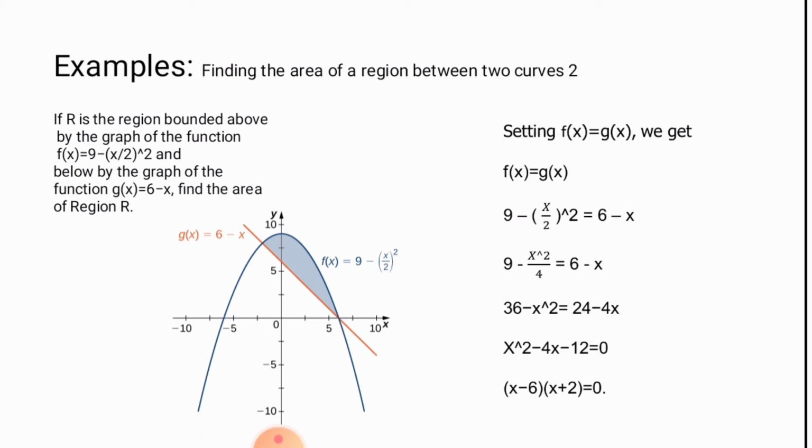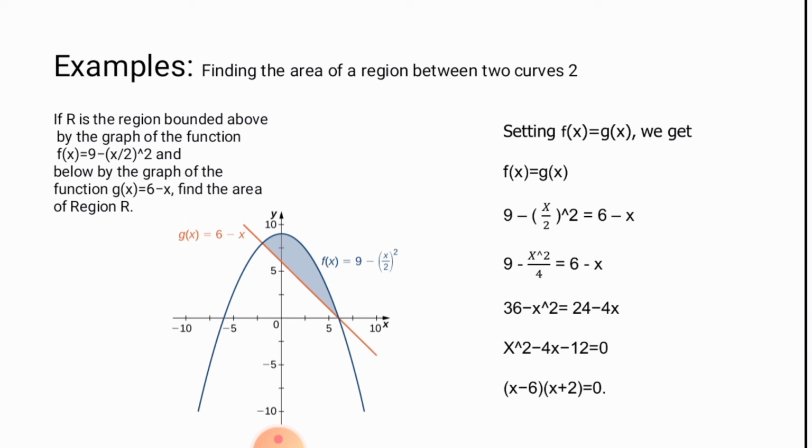We set f of x equal to g of x, which is 9 minus (x over 2) squared equals 6 minus x. So 9 minus x squared over 4 is equal to 6 minus x.